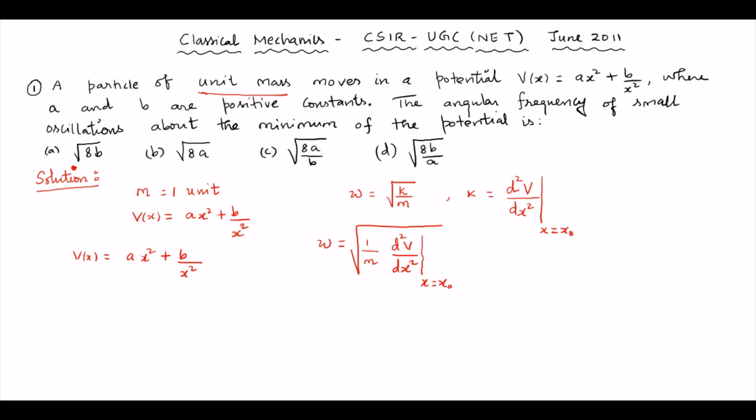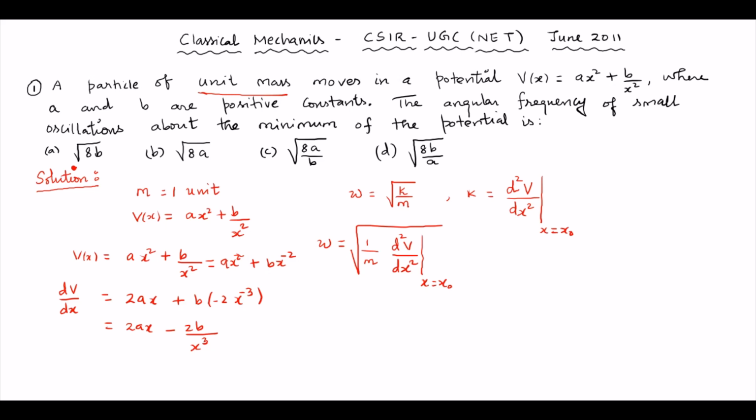Taking the derivative, dV by dx is equal to 2ax plus, writing b by x square as b x power minus 2, b into minus 2 x power minus 3. So this is equal to 2ax minus 2b by x cube. This is the first derivative of the potential.